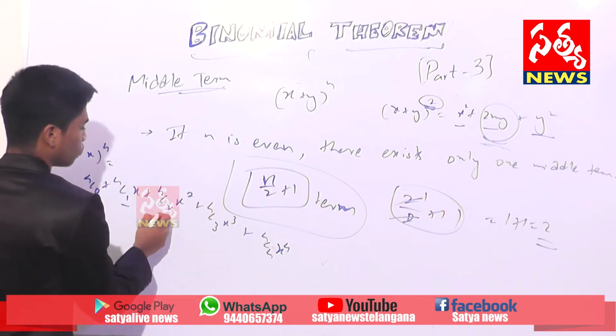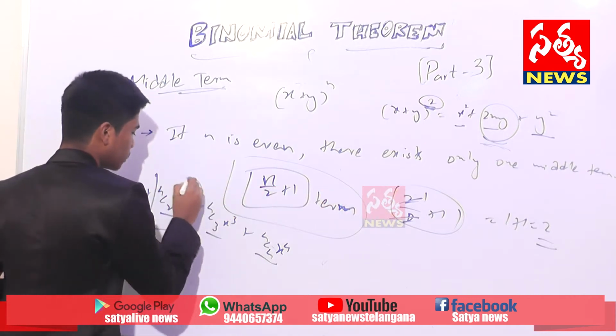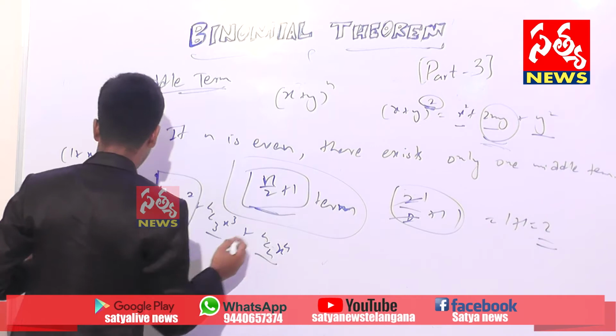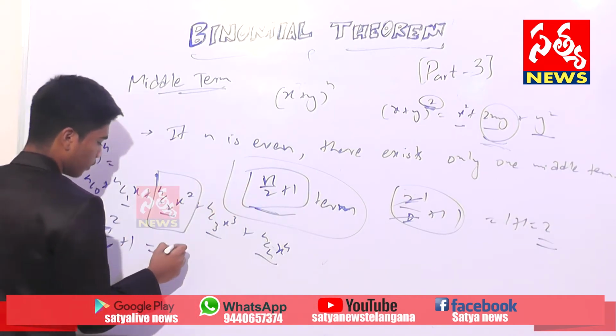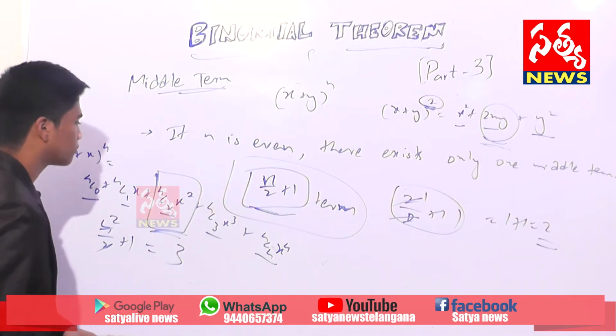So now there are 1, 2, 3, 4, 5 terms, and the middle term is the third one. We can do it by this formula also. 4 by 2 plus 1, 2 plus 1 is 3. So the third term is our middle term.